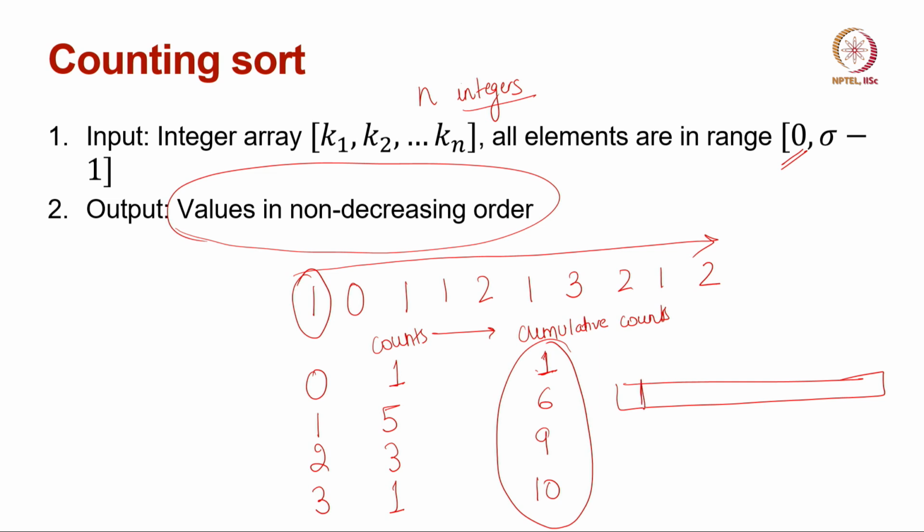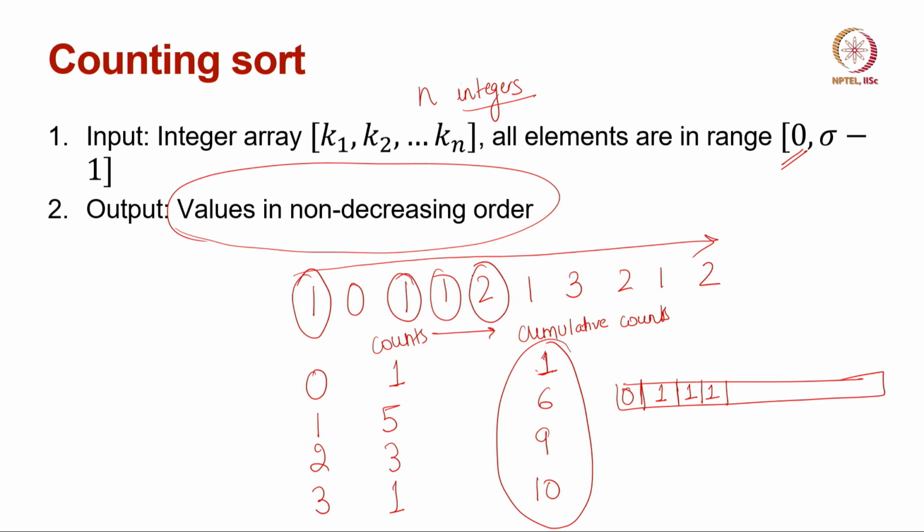Therefore, I should leave the first element empty and put 1 in the second box. Similarly, 0 will automatically go to the first cell, and the next 1 entry will go to the next position here. Similarly, we will keep filling these 1 entries.